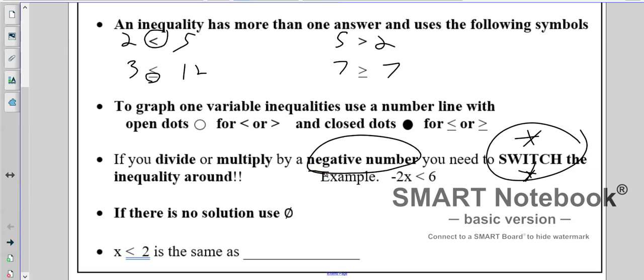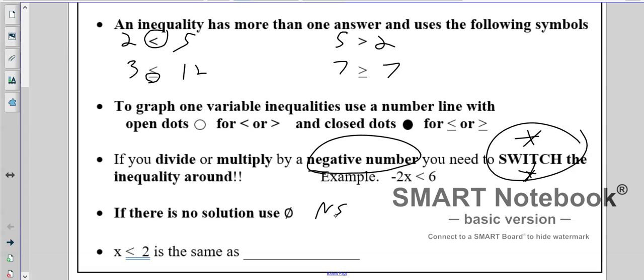Anytime you multiply or divide by a negative number, not anytime you see a negative number, just if you multiply or divide by a negative number, you have to switch the symbol. And if there's no solution, like we talked about in the first section, we can also use this symbol, the 0 with a line through it.